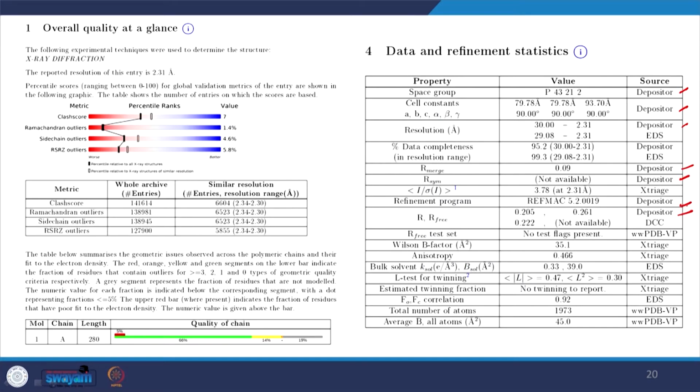but then some are also tested, if you see, by the electron density server, and others are coming from either electron density server or PDB or X-triage. So, day by day now most of the informations are getting better, like sometimes the information is not good, not because the actual quality of the structure is bad.